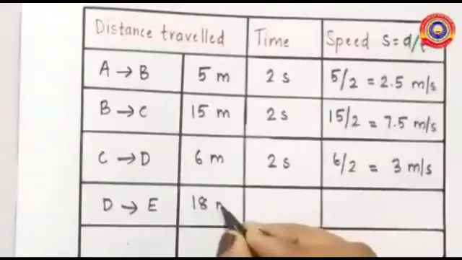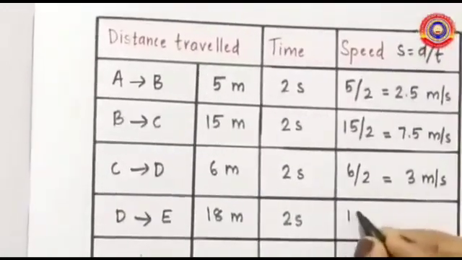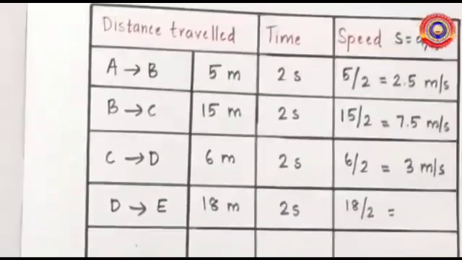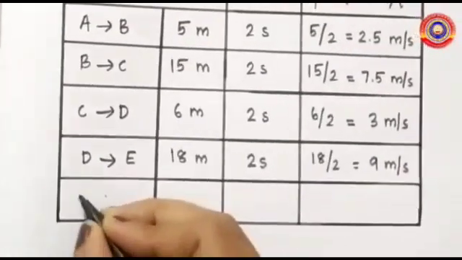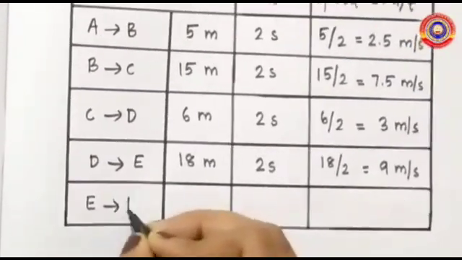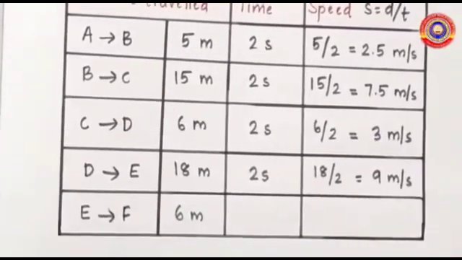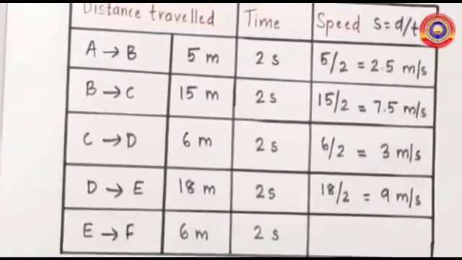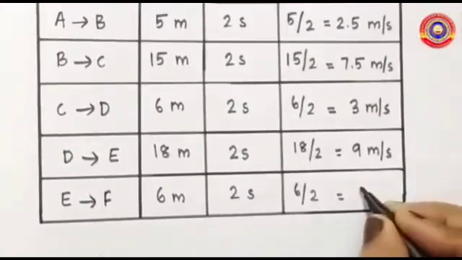The time taken is 2 seconds. So speed equals 18 divided by 2, that is equal to 9 meters per second. Finally, E to F. The distance is 6 meters. The time taken is 2 seconds. So the speed is 6 divided by 2, that is equal to 3 meter per second.